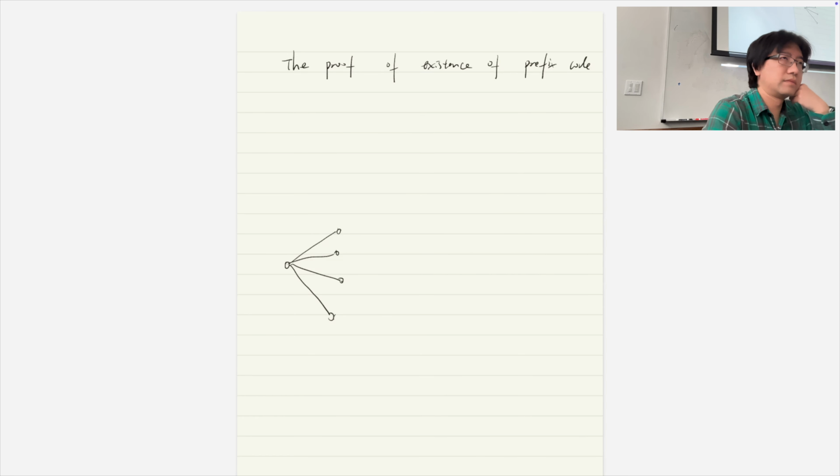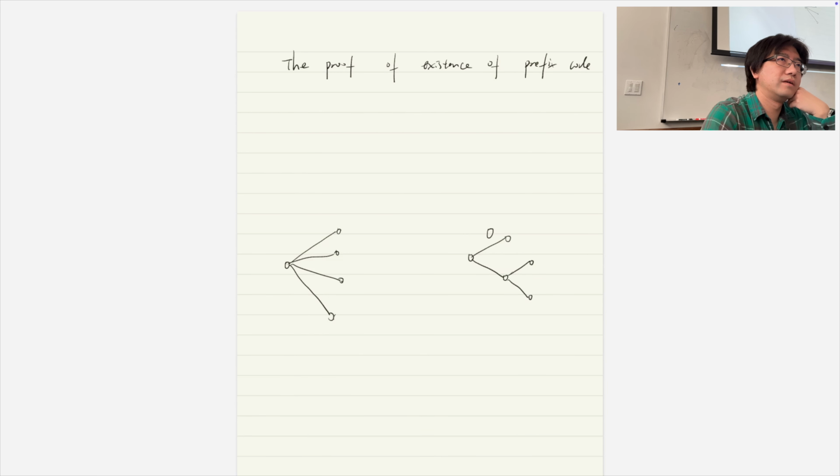For binary trees, 4. Wait. Remember, let's say the first step is that we have one length 1 code, for example 0 here. And then we have 1 branch left. Now what is the maximum number of length 2 code? We have 2 possibilities here.